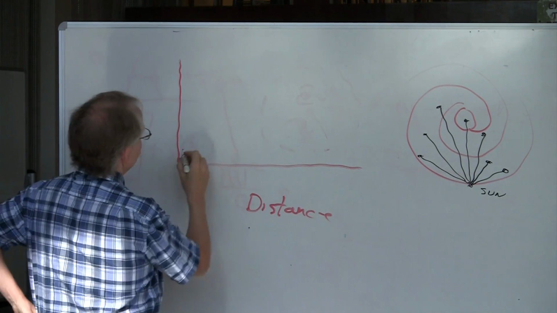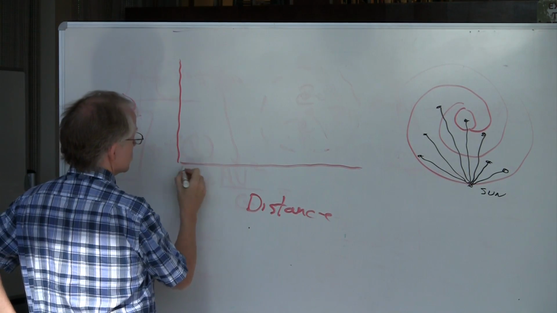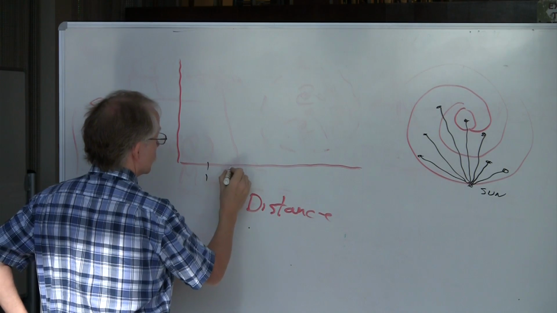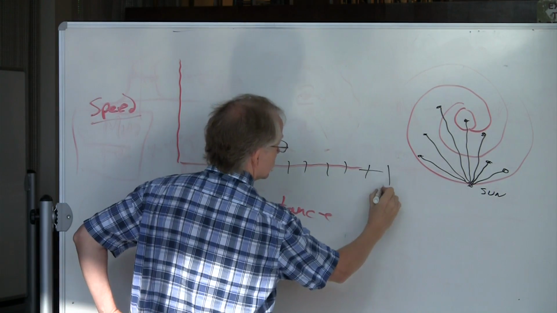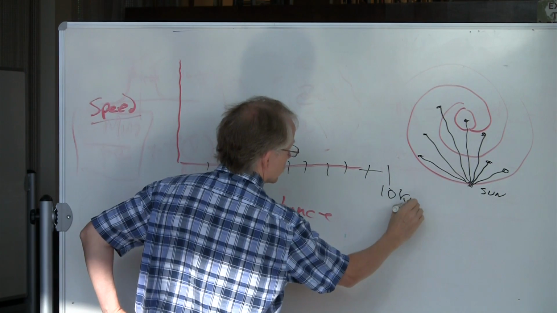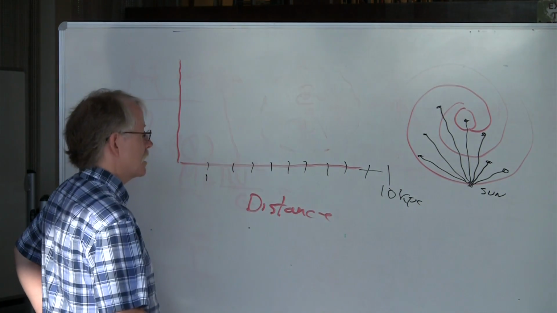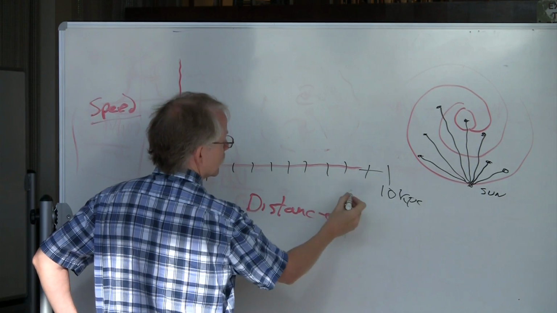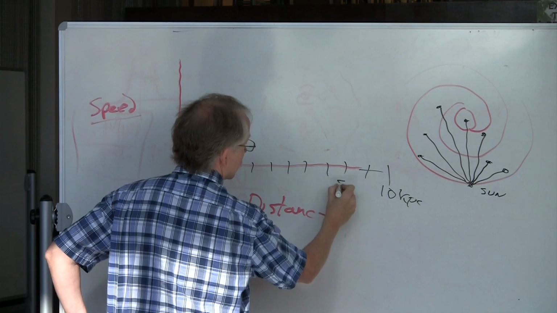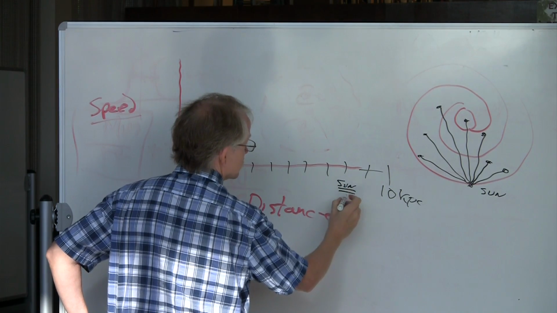When we do that, we get a graph that looks like this. I'm going to put in the units. Here's 1, 2, 3, 4, 5, 6, 7, 8, 9, 10,000 parsecs. A parsec is about 3¼ light years, so this is like 32,000 light years from the center of the Milky Way, and we live here at about 8.7.